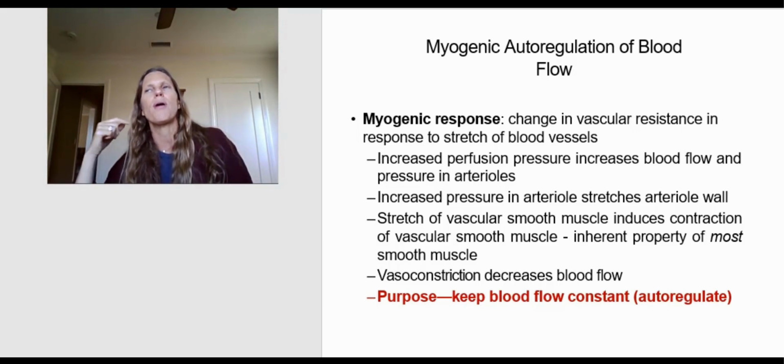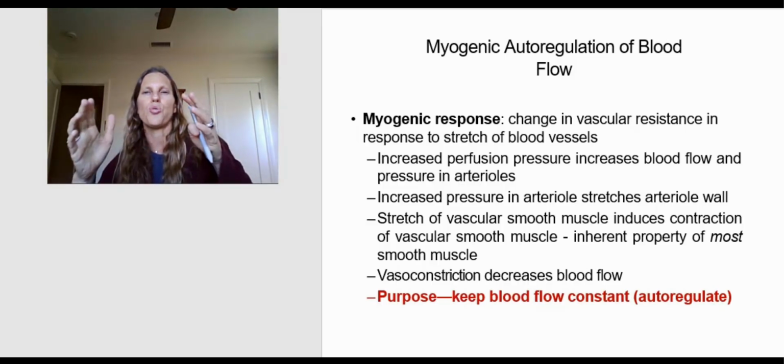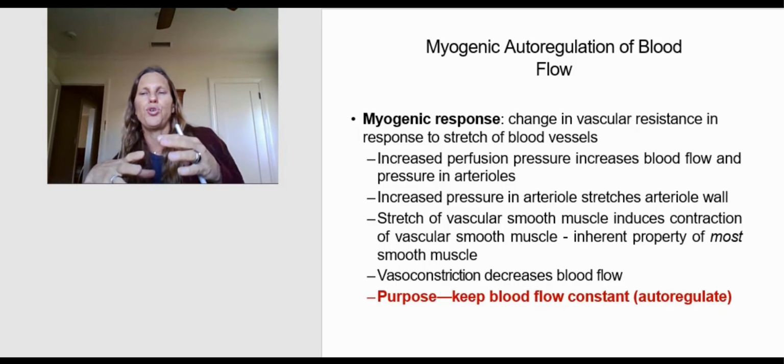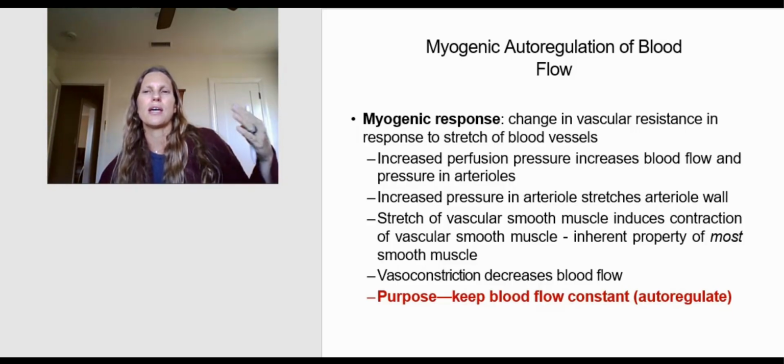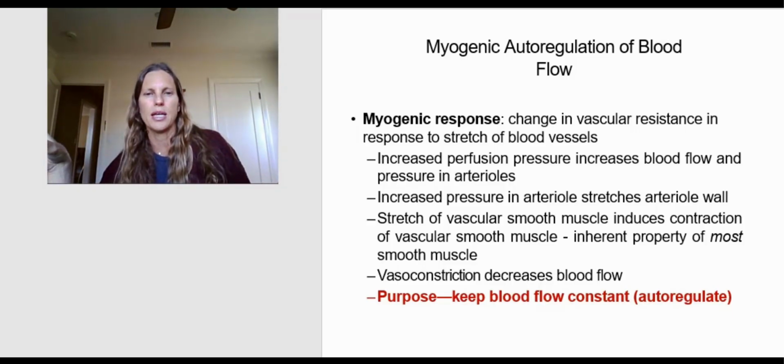This is an inherent property of most smooth muscles. Now, there's a limit to that situation, and there's a window where the vessels will respond. If you go outside of that window, either too high or too low, the response is kind of null and void. But that's something you'll learn someplace else.